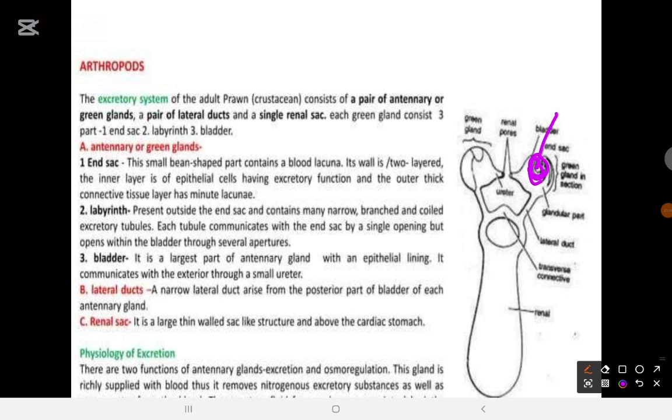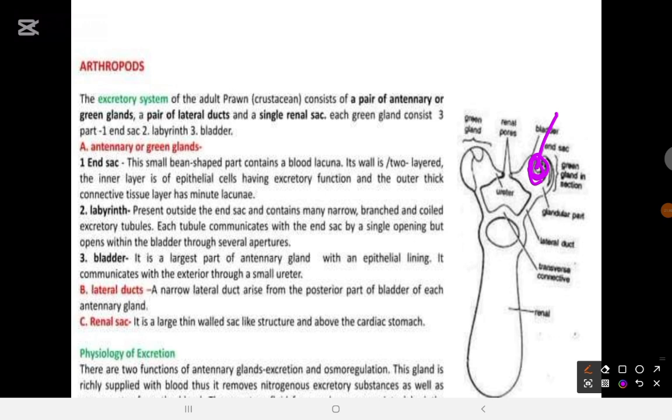Now each tubule communicates with the end sac by a single opening, but opens within the bladder through several apertures. Now the bladder is the largest part of the antennary gland or green gland with epithelial lining. Now there are small ureters with which it communicates with the outside, with the posterior part.